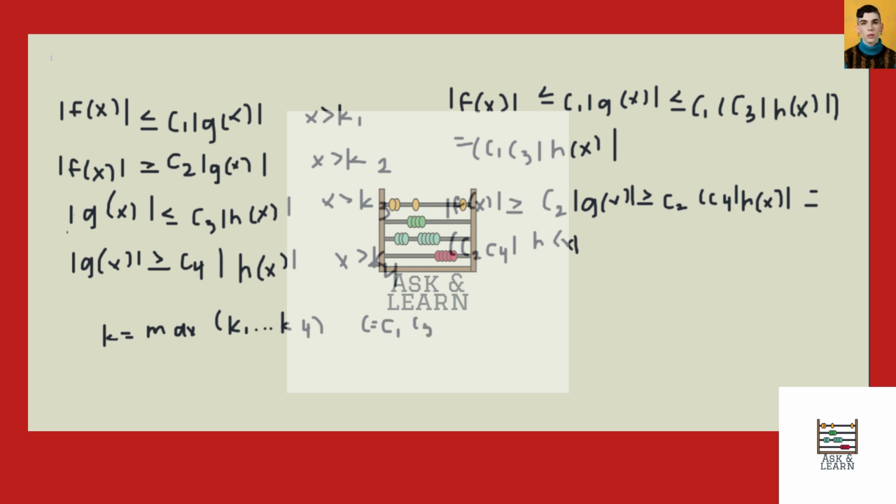And by the definition of the big omega notation, f of x is omega of h of x with constants k equals the max from k1 to k4, and C equal to C2 C4. And by the definition of the big theta notation, f of x is then theta of h of x.